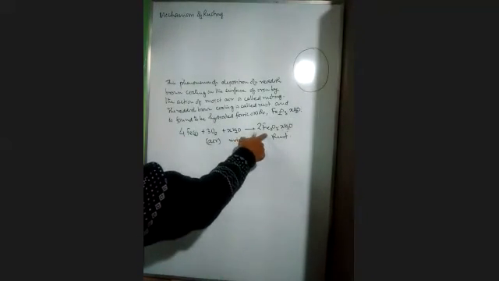So now we'll go for the mechanism of rusting. Okay. See here, iron is being oxidized, so it is a redox reaction.